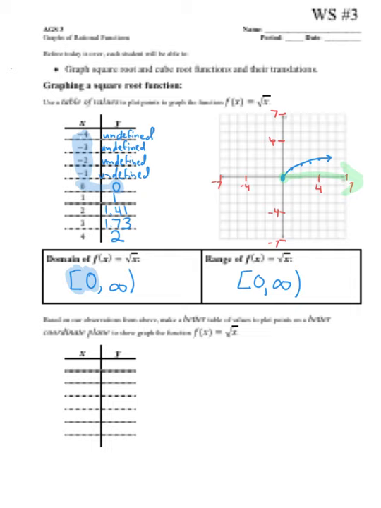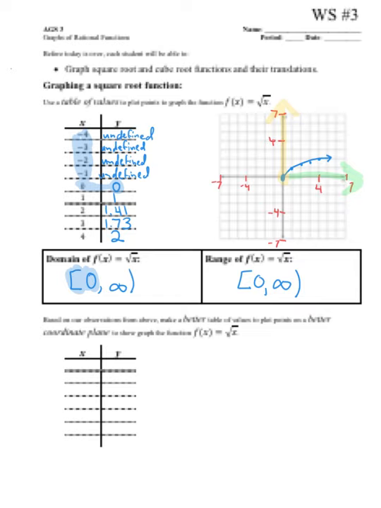The range, again, starts at 0, 0, and then we're going up. Even though this is going out to the right faster than it's going up, it's still going up forever. That's why the range goes from 0 to infinity as well. And so that's how we graph a square root radical function.